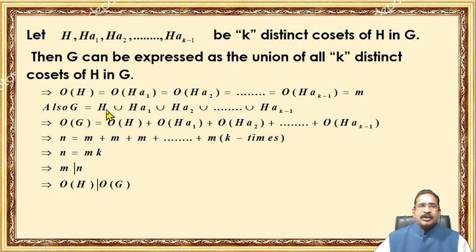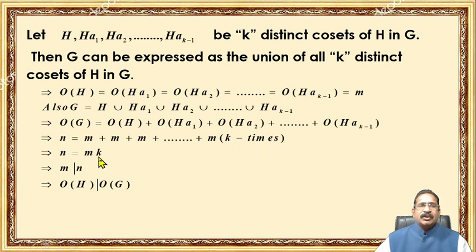And G can be expressed as the union of all cosets: H union Ha1 union Ha2 and so on, union Ha(k-1). So what is the order of G? Order of H plus order of Ha1 plus order of Ha2 and so on, plus order of Ha(k-1). So this is n, this is m, this is m, and so on, plus m, k times.